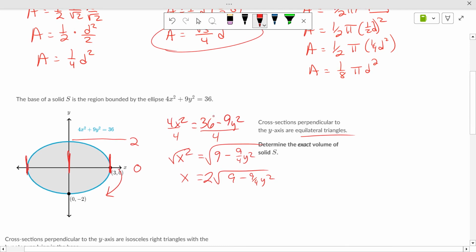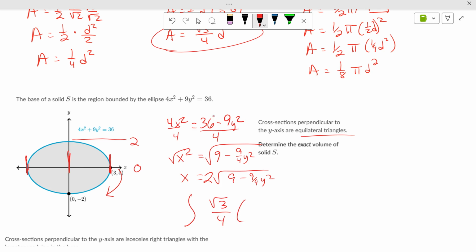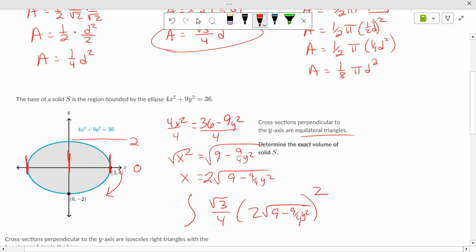So if we're going with an equilateral triangle, it's going to be the integral of the square root of 3 over 4 times 2 times the square root of 9 minus 9/4 y squared, and we're going to square that. And the integral is going to be from 0 up to 2.